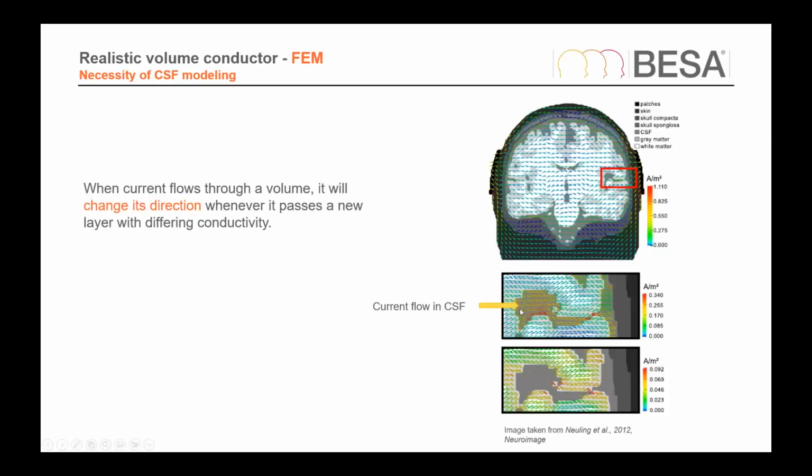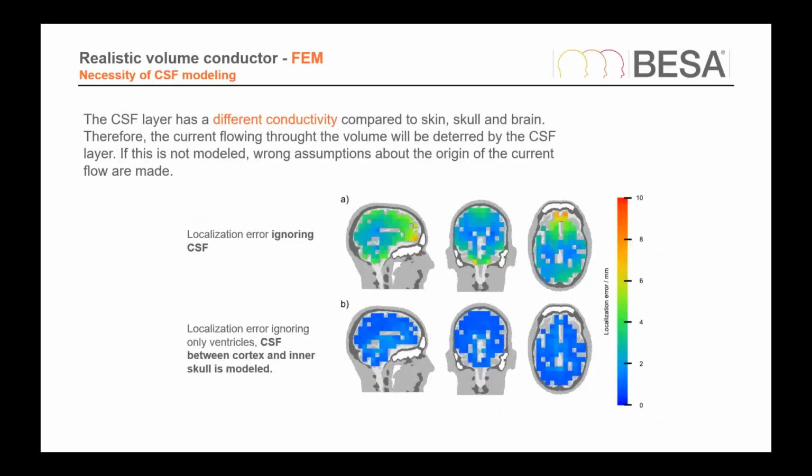Maybe you can see this in this little plot here, that the CSF has a slightly different direction of current. And we can also simulate what the effect will be. If we look at localizing activity from different simulated brain activations using finite element models, ignoring the CSF or adding the CSF, we can see that in particular in the frontal areas, there is a lot of improvement in the model if we actually model the CSF as well.